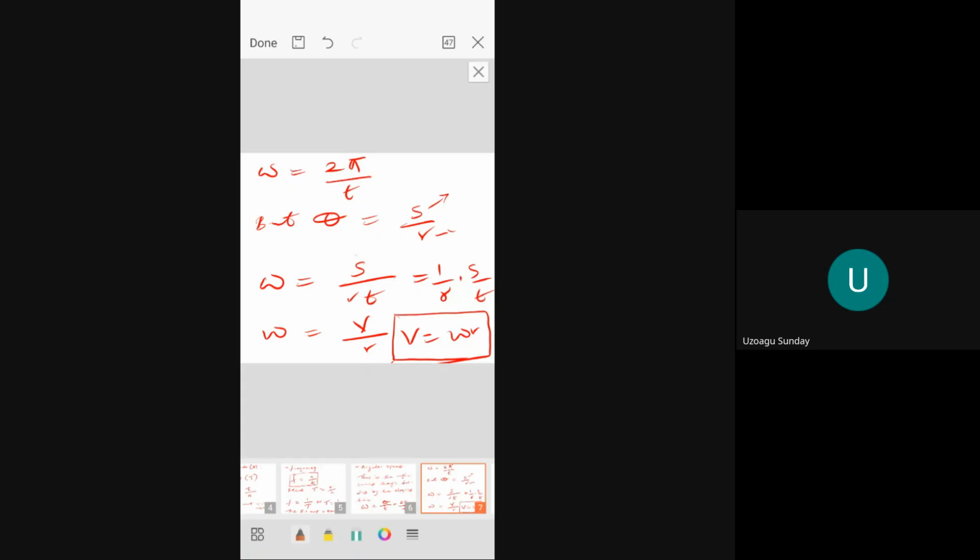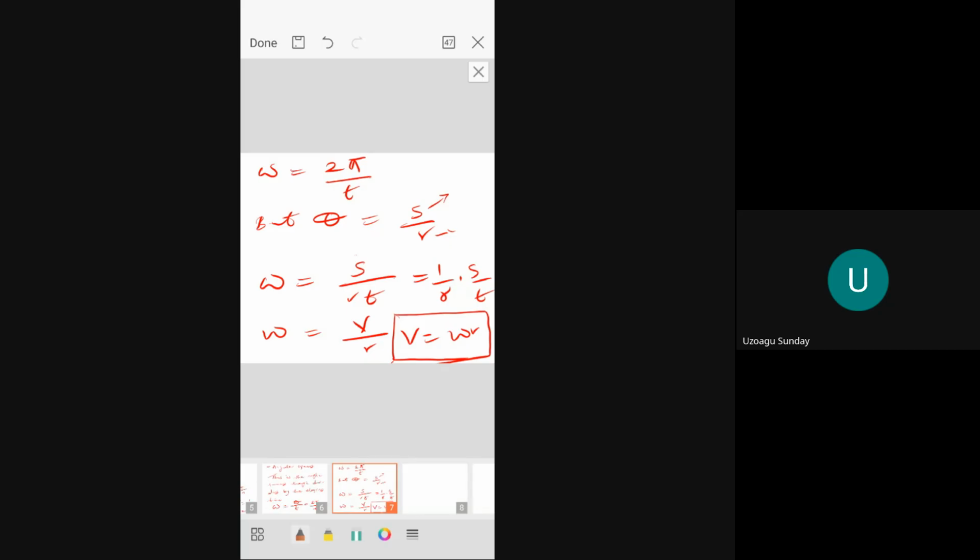All right, so this equation is most likely to be used under circular motion, because the velocity of a body undergoing simple harmonic motion takes cognizance of the amplitude and also the position of the body from the mean position.